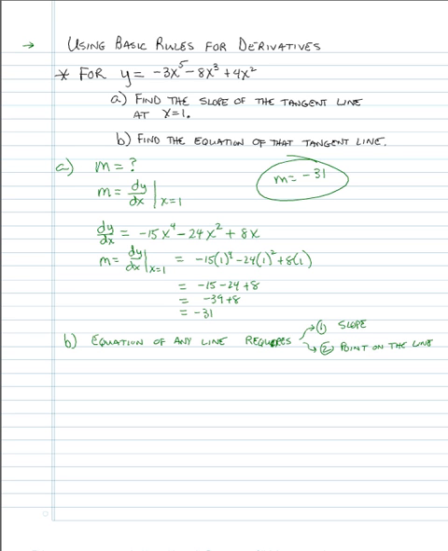And we have a little trouble here because we don't know a point on this tangent line. Now what we know is that we have the point of tangency, we're talking about the tangent line when x is equal to 1.